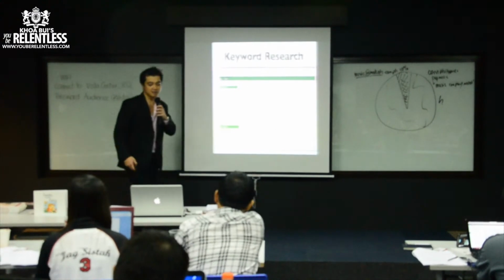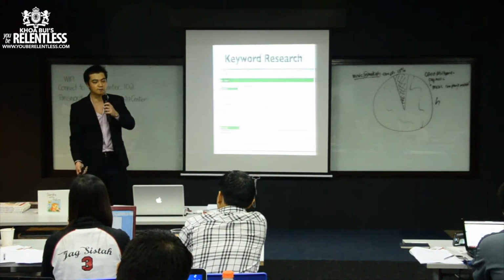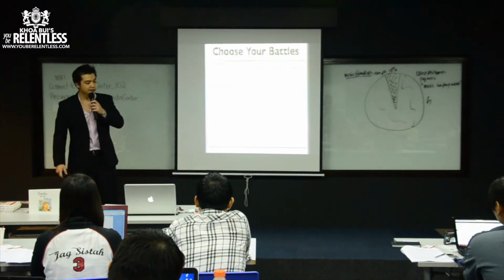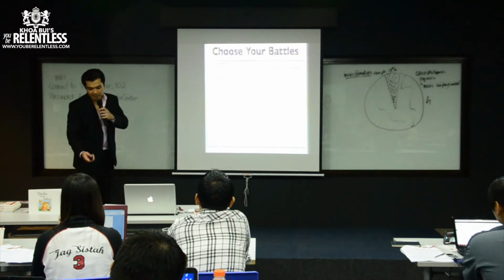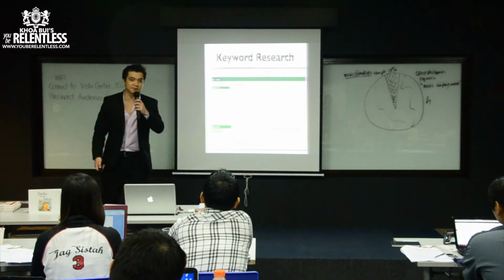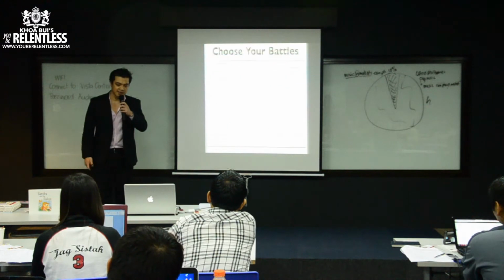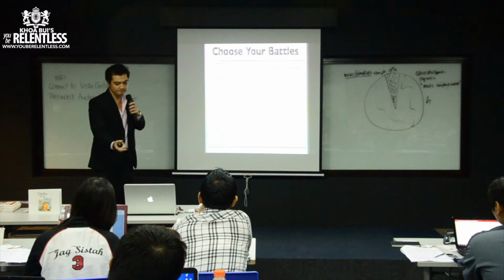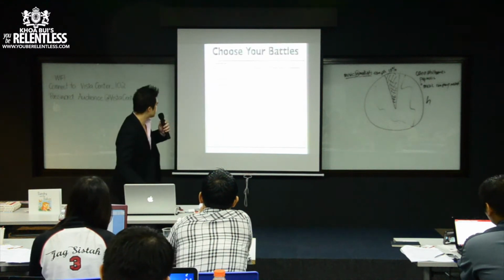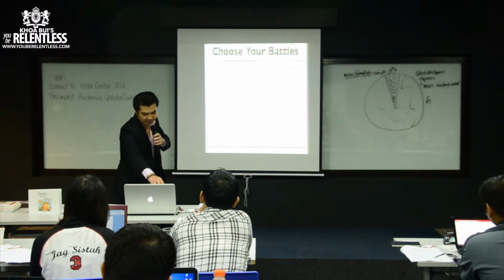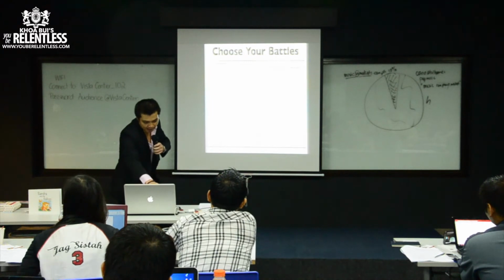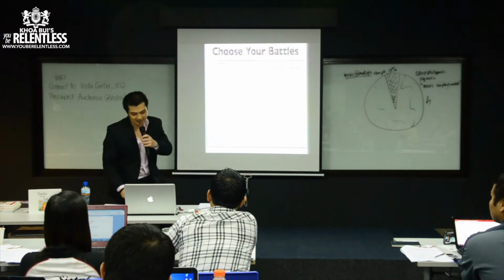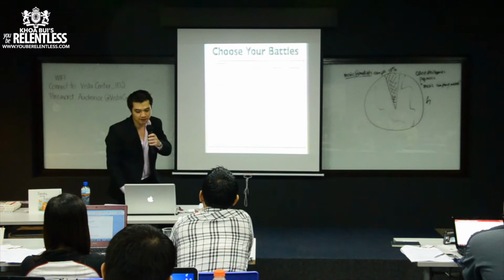Google is going to give you a whole list of keywords. For example, before I typed in real estate Philippines, and Google comes up with all these keywords that people are searching for. I'm not sure if you can really see it, but it's got eBay Philippines and real estate, SM Real Estate Philippines, and Ayala Real Estate Philippines.